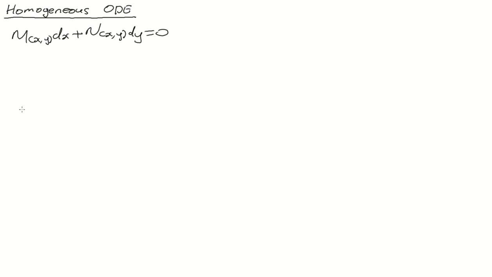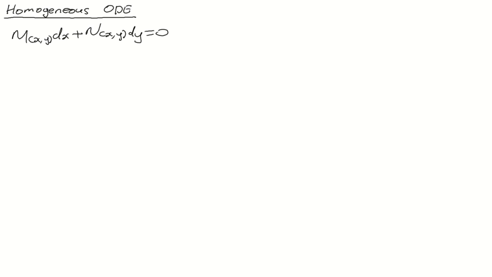So for the homogeneous differential equation, these ones are no longer partial derivatives, but they are functions. They are homogeneous functions, and they must be homogeneous functions of the same degree. Okay, of the same degree.